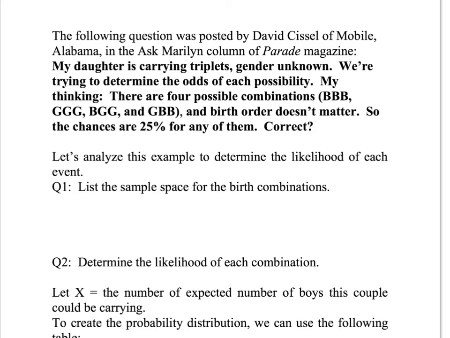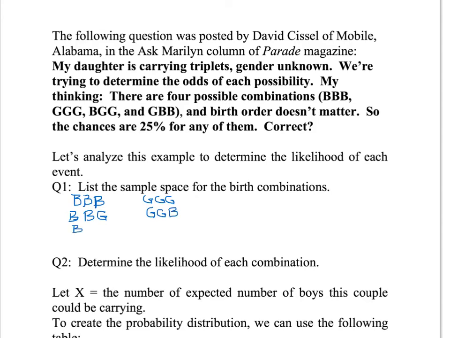So if we go through and list the sample space for the birth combinations, here's what we'll have. There could be 3 boys. Or there could be 3 girls. There could be a boy and then a girl, or a girl and then a boy.